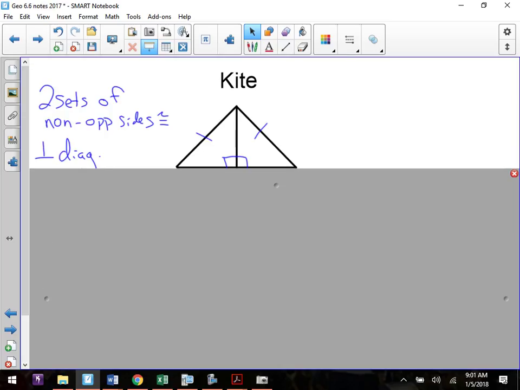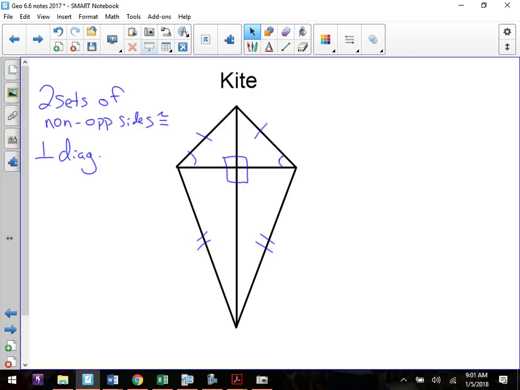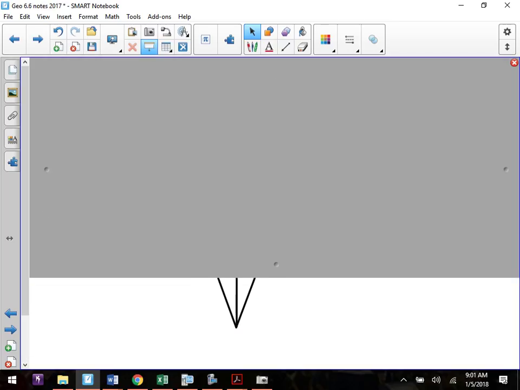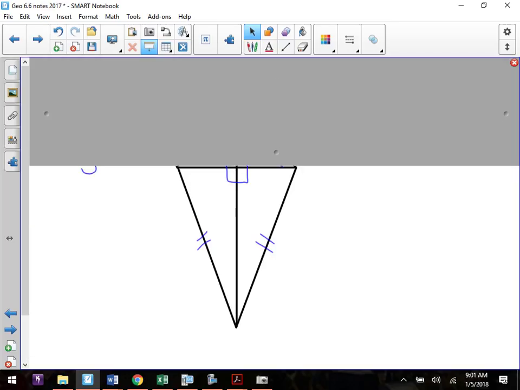What angles are going to be the same in that? Well, yeah, the right angles, yeah, I can do that. Remember the base angles would be the same? So these parts here would be the same. Now, it works the same way on the other part. If I go that direction, I get those other two sets of base angles being the same. These two.